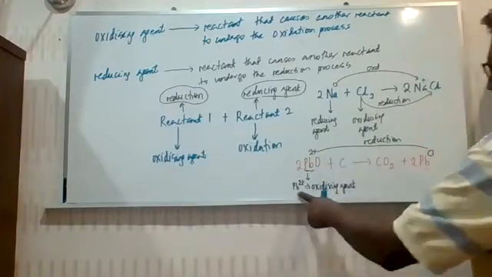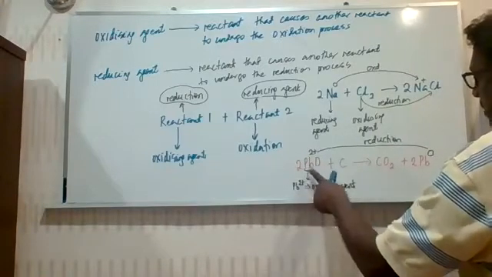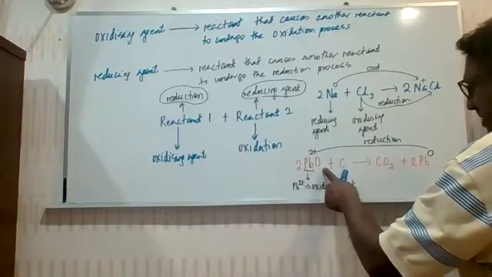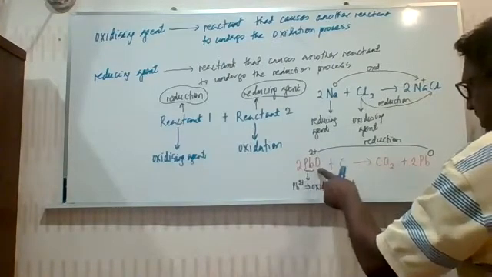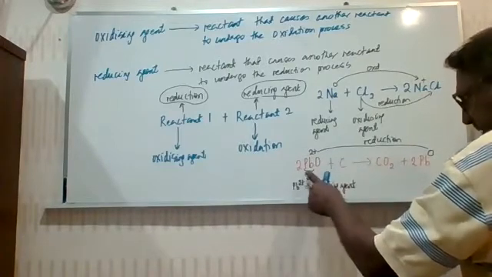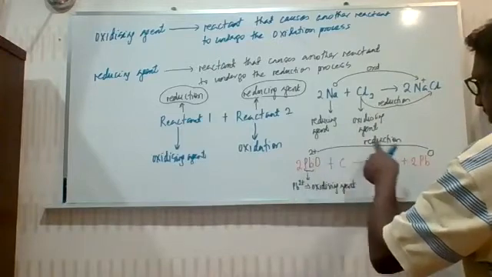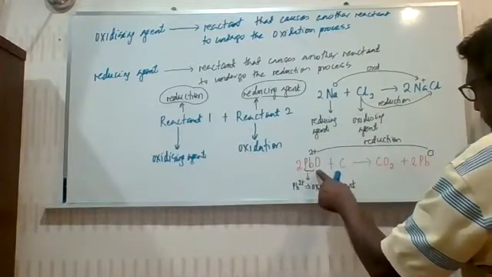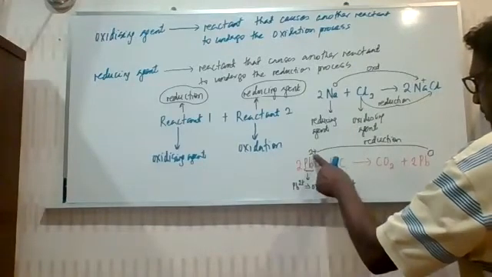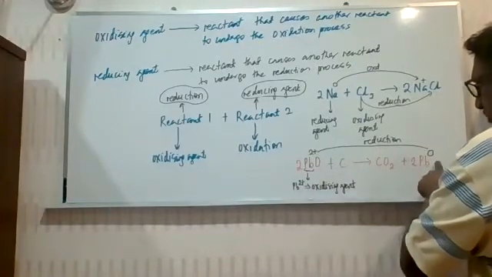And this is accurate. Now in your SPM, if you were to say lead 2 oxide, they still accept it, but that's not accurate because oxygen doesn't play any role. I'll show you shortly what role oxygen plays. It is the lead that undergoes the reduction process, not the oxygen. So Pb2 plus to Pb, it got reduced.